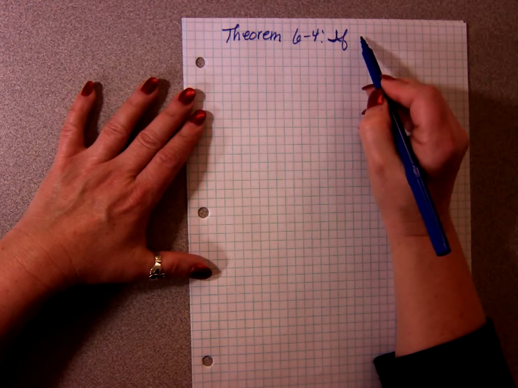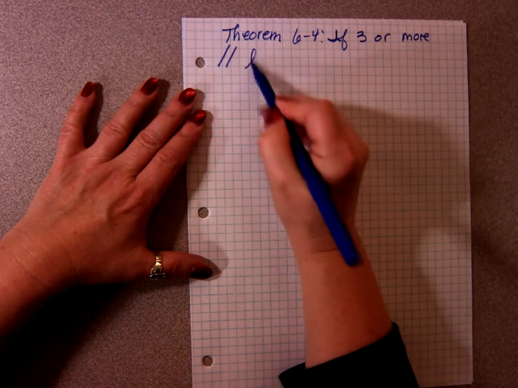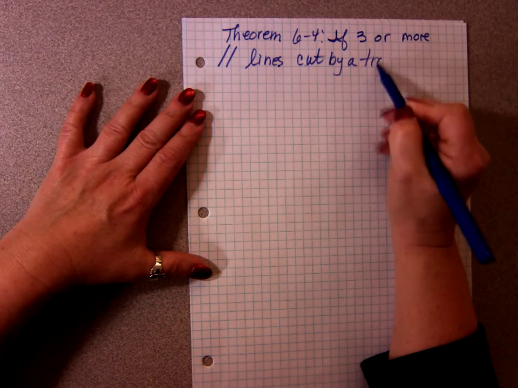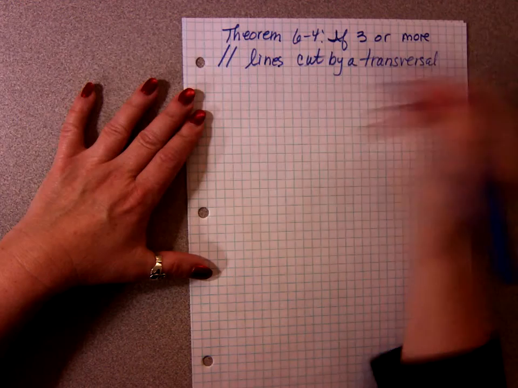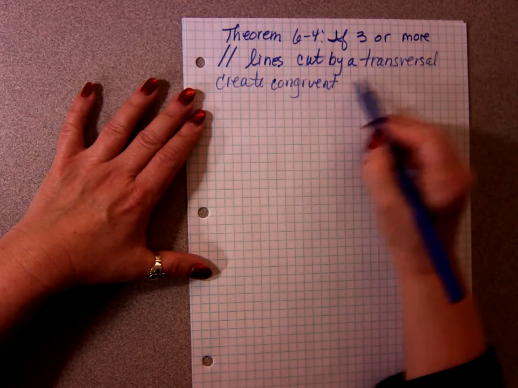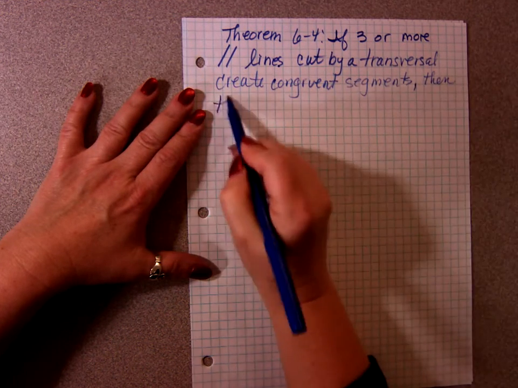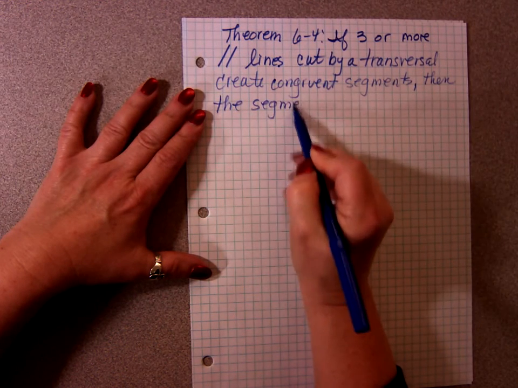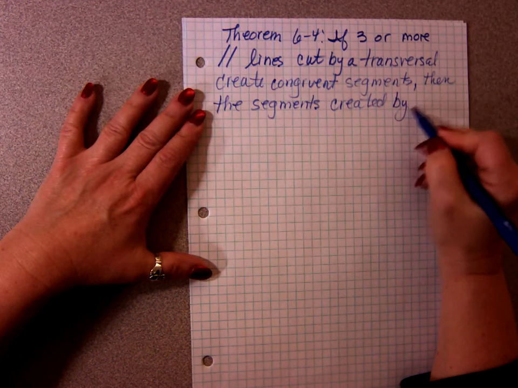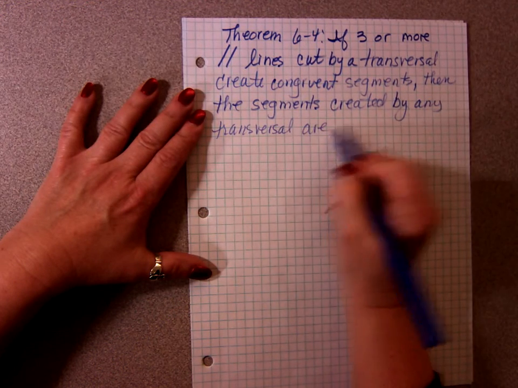It states that if 3 or more parallel lines cut by a transversal create congruent segments, then the segments created by any transversal are also congruent.